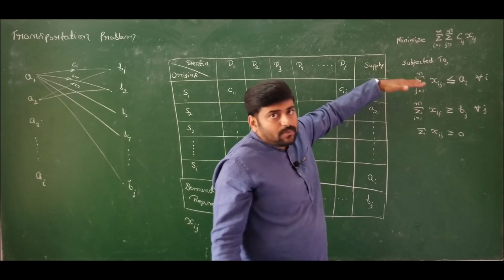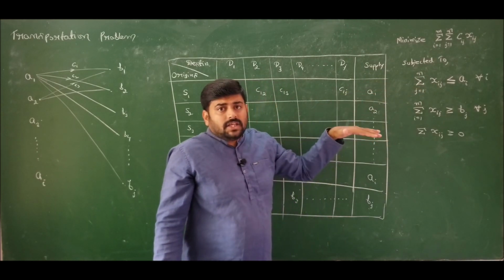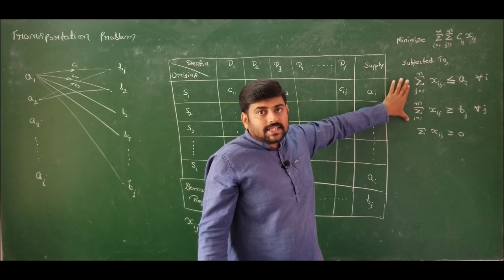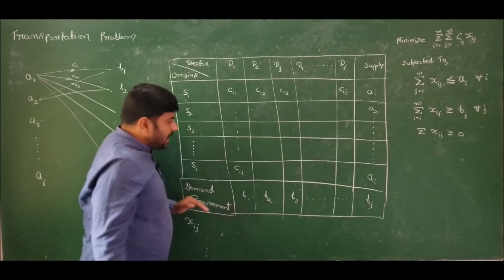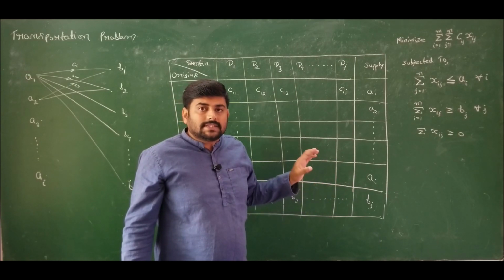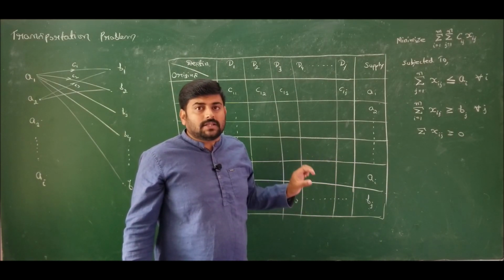A transportation problem is said to be unbalanced if we have constraints like this. What I mean to say is that if the sum of demand is not equal to the sum of supply, then such a transportation problem is said to be an unbalanced transportation problem.